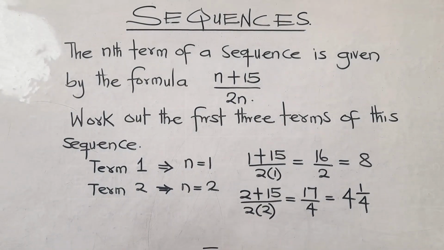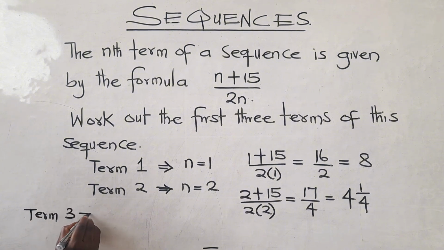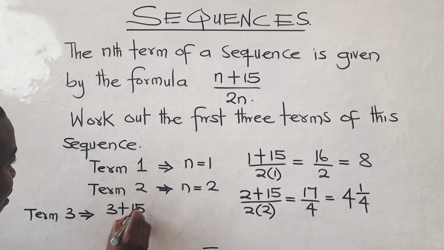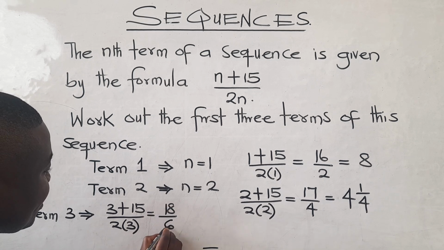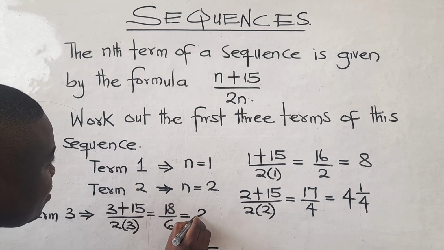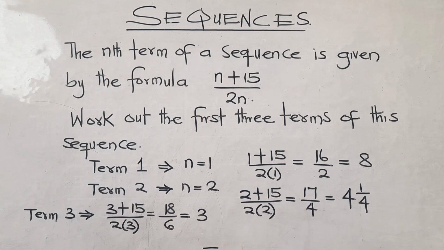I think we can get the third term. The third term should not be a problem. So I'll say term 3 will give 3 plus 15 over 2 times 3, which is 18 over 6, which gives us 3. So the third term is 3.